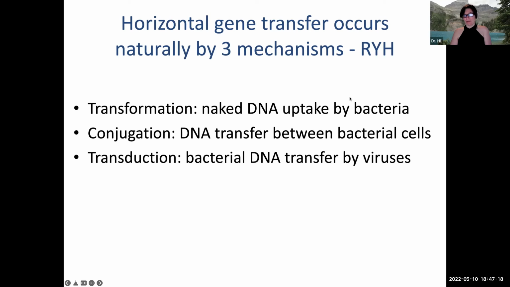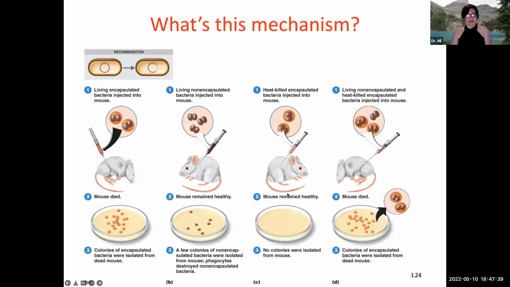Bacteria are walking around minding their own business and they spot a DNA molecule laying on the ground and they take it up. Where did that DNA molecule come from? It came from a dead cell. Conjugation is the equivalent of bacterial sex. Two living cells physically connect and exchange DNA. And transduction is when bacterial DNA is transferred by a viral intermediate.